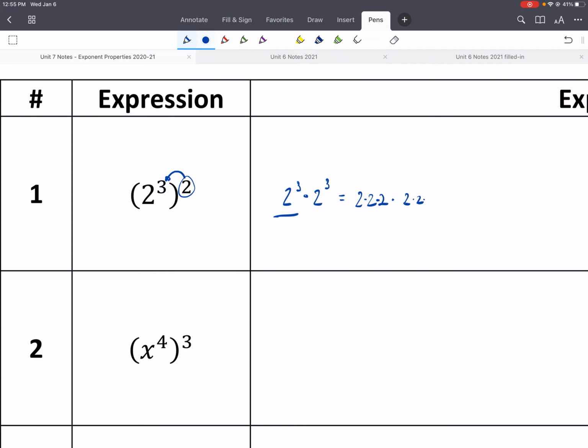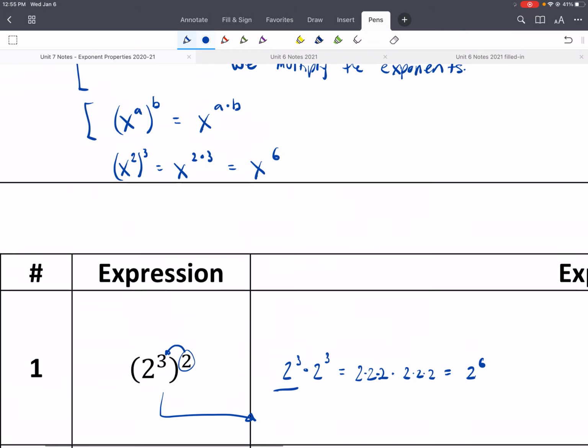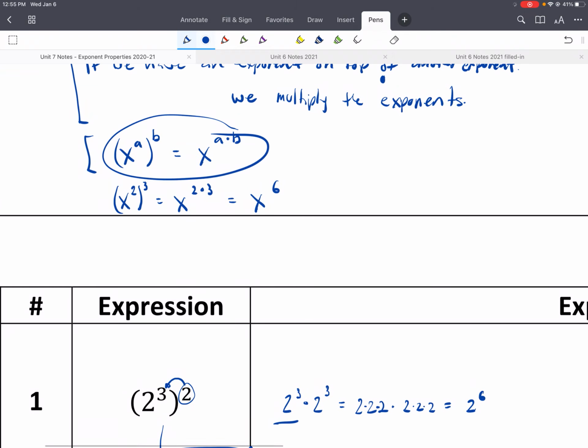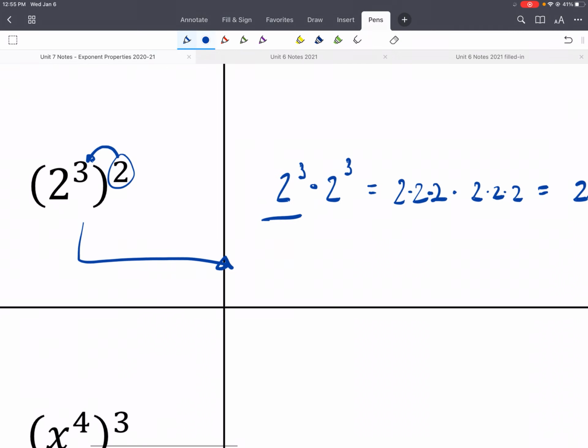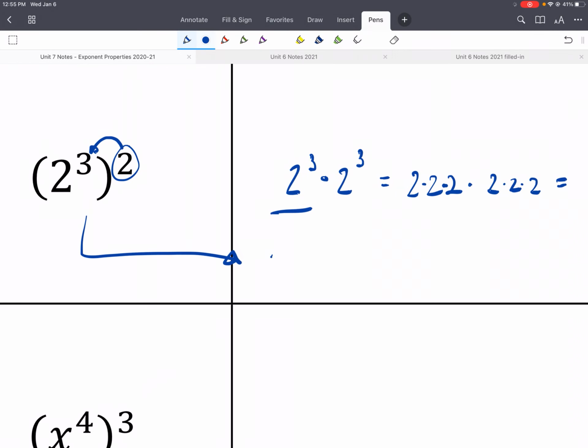That gives us 6 2's, so we end up getting 2 to the 6th. The other way is to just use the rule, like the equation up here. If there's an exponent on top of another exponent, then we just multiply them. So that would be 2 to the 3 times 2, which is 2 to the 6th.